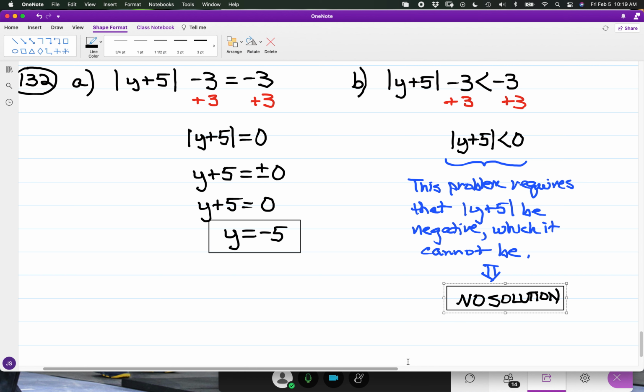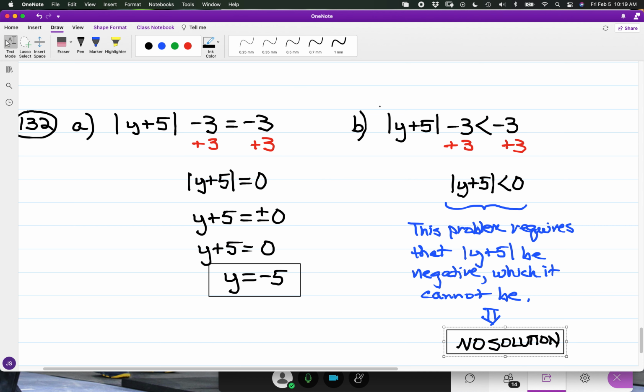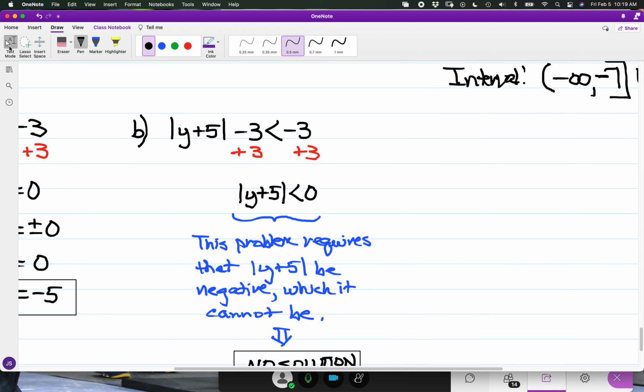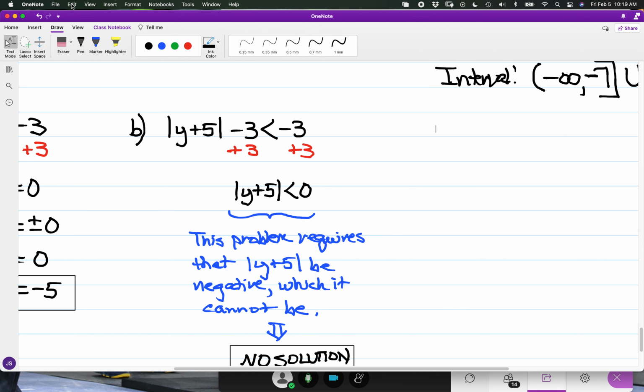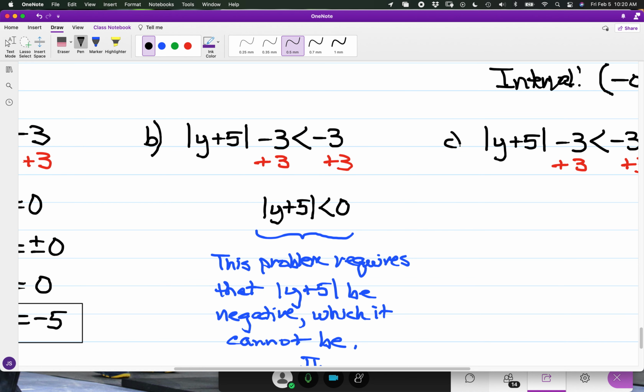Now, in the case of part C, you have the same terms, different inequality.